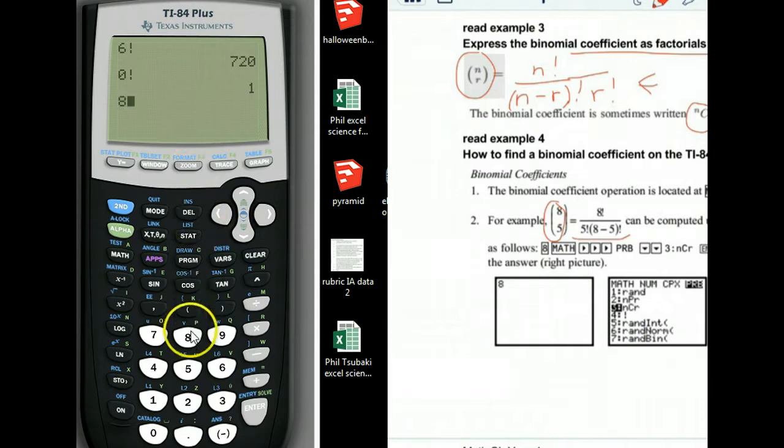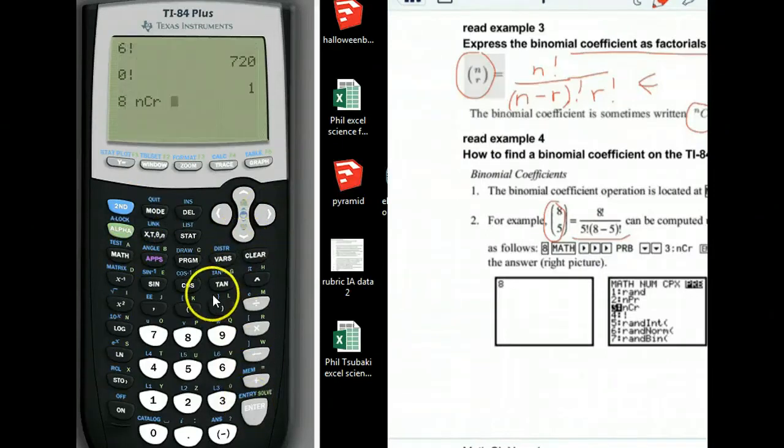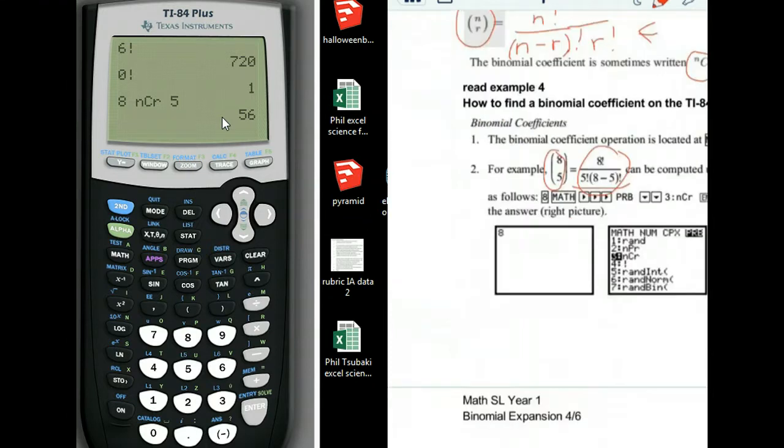First we type in 8, and then we go into math, and then we'll go to PRB, and then we'll go to NCR, and then we'll put in 5. And that'll give us 56, which happens to be 8 factorial divided by 5 factorial, also divided by 8 minus 5 factorial, which is the same thing as 3 factorial.